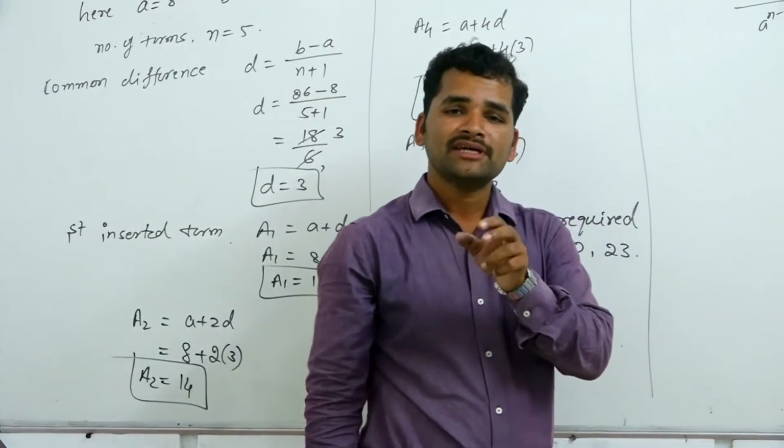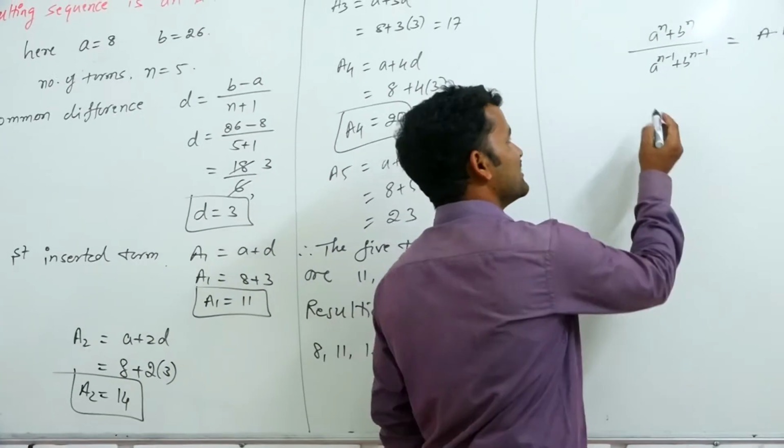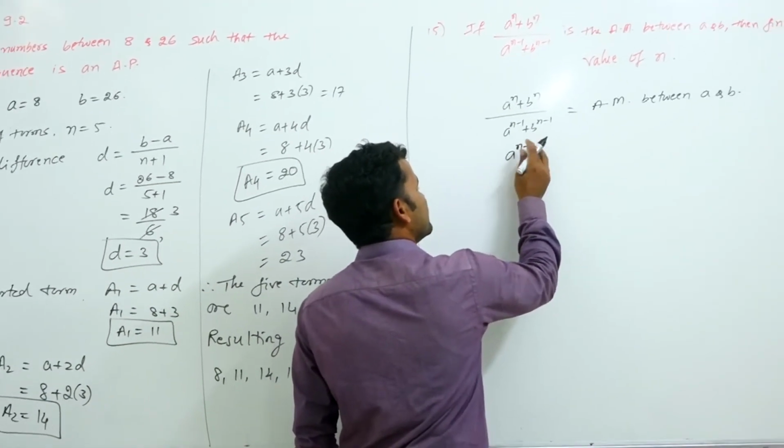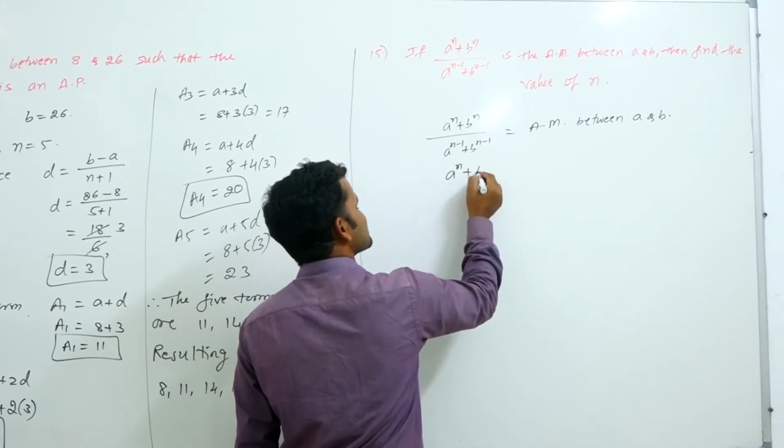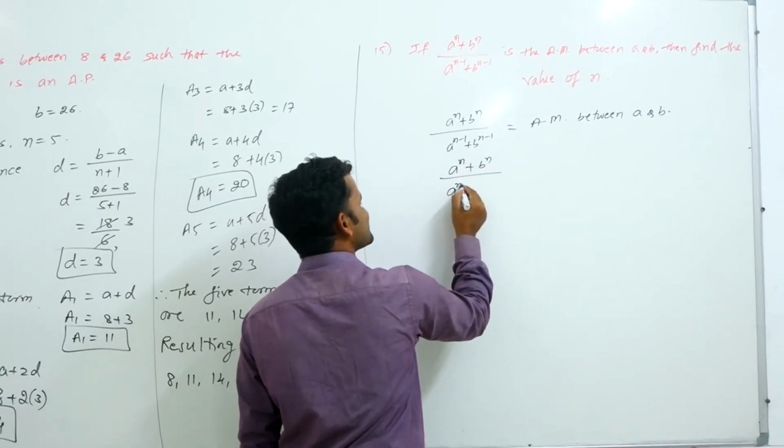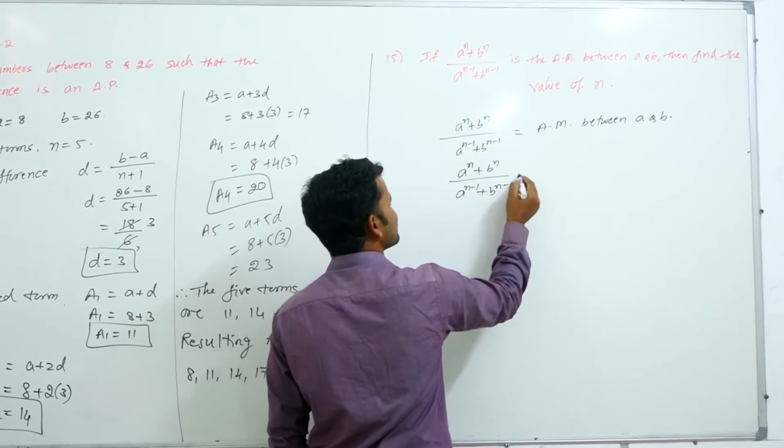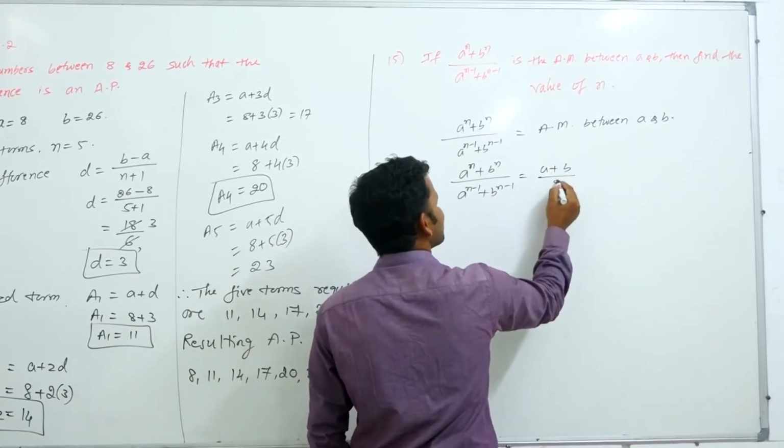Arithmetic mean of A and B is nothing but A plus B by 2. They are saying that A raised to n plus B raised to n divided by A raised to n minus 1 plus B raised to n minus 1 is equal to A plus B by 2.